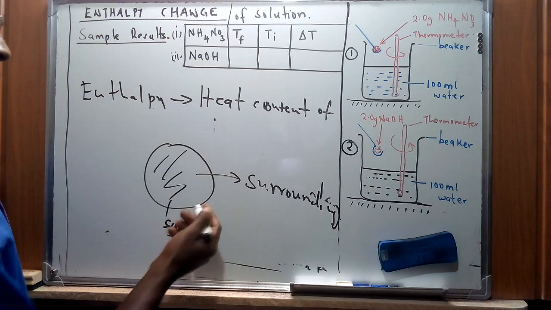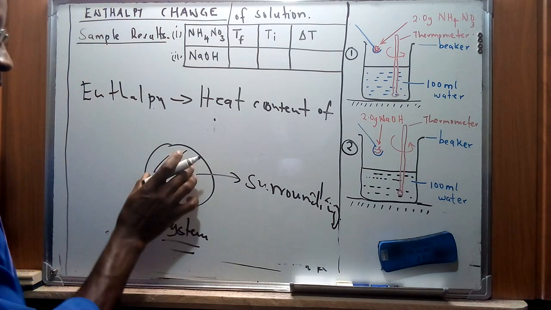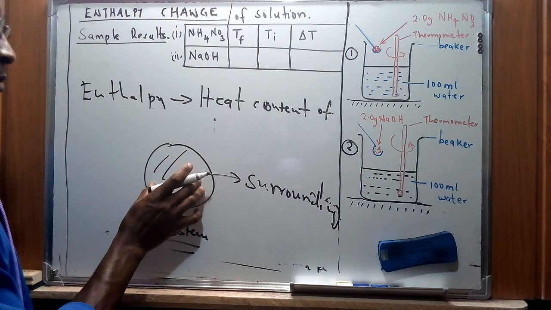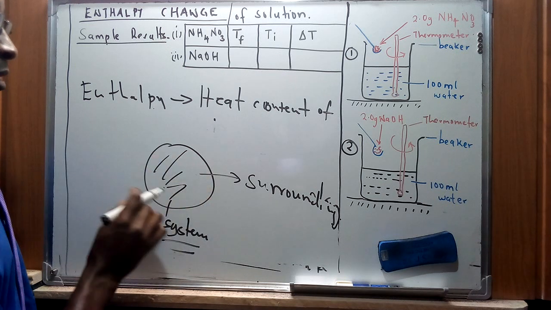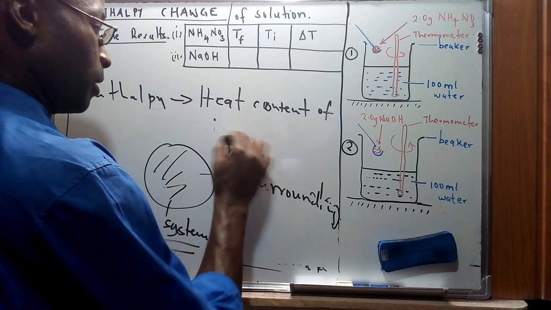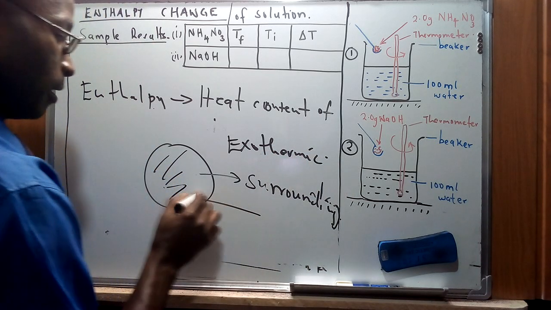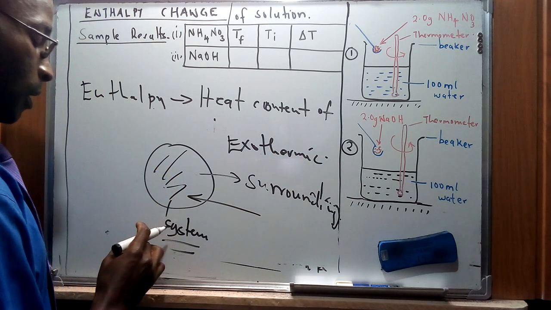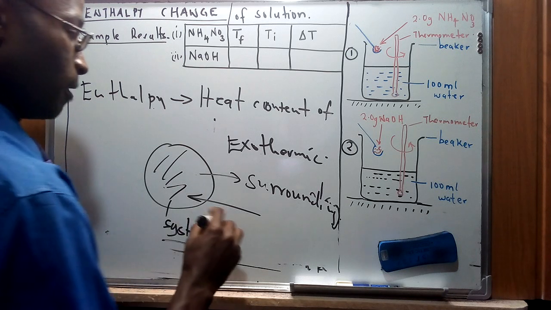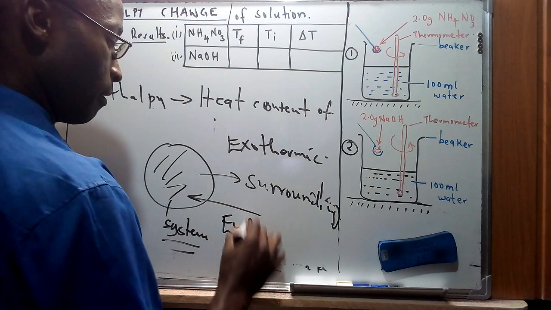This process, whereby there is a release of heat from the chemicals reacting in the system, is referred to as exothermic, whereas the reverse, taking heat from the surrounding into the system, is referred to as an endothermic reaction.